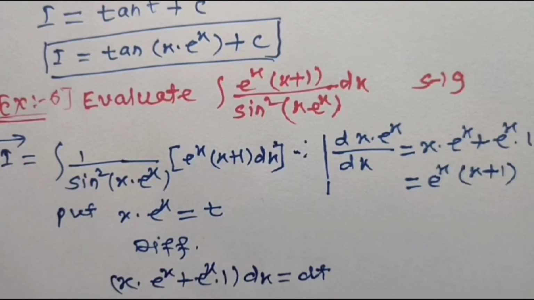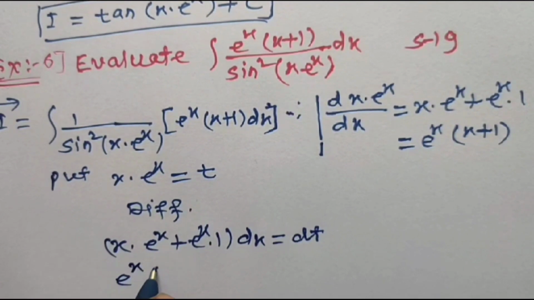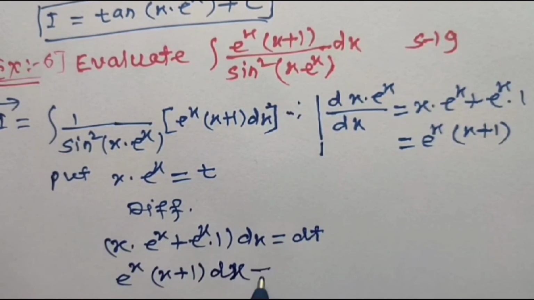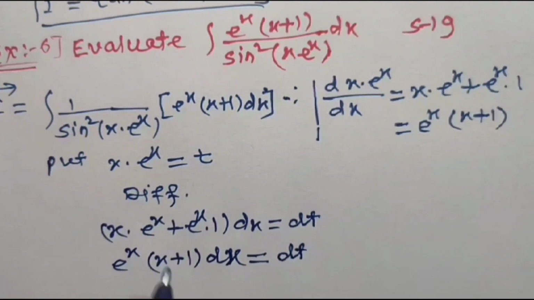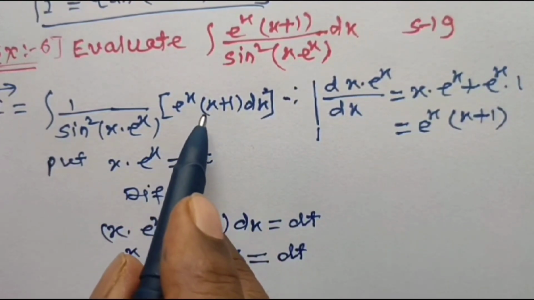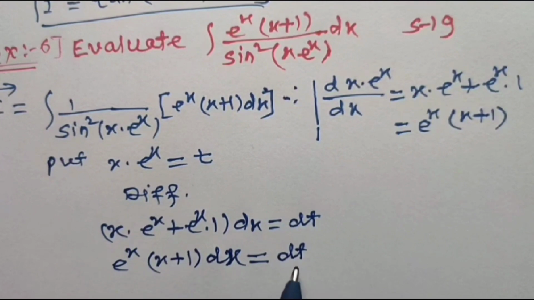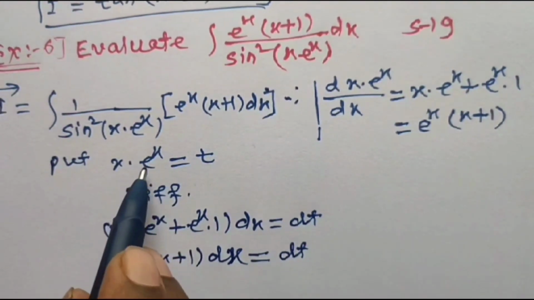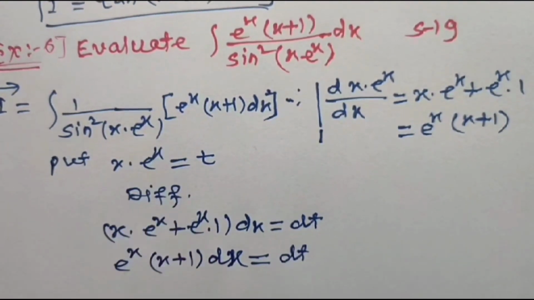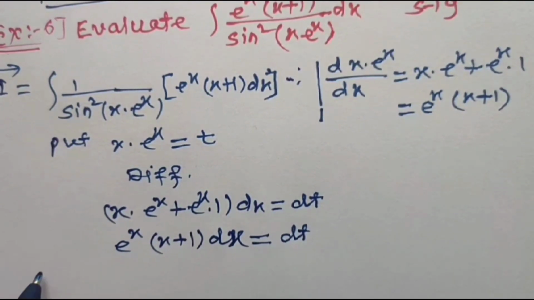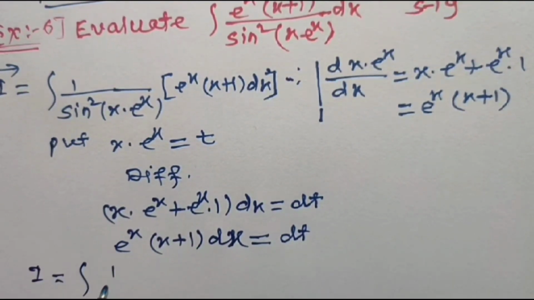Taking e to the power x common, we can write this as e to the power x into bracket x plus 1 dx is equal to dt. Now replace this bracket e to the power x into x plus 1 dx by dt and replace x into e to the power x by t in the given integral. Hence I is equal to integral of 1 upon sine square t dt.